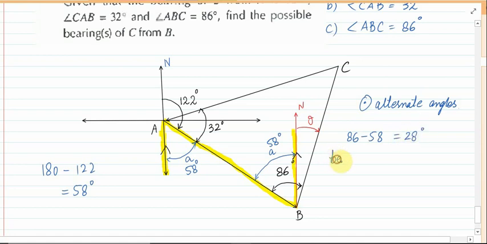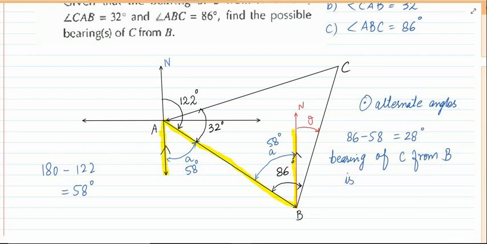So you can say that the bearing of C from B is 028 degrees. Keep in mind that the 0 is very important. If you forget to write the 0 at the beginning, it will deduct your 1 mark. So the 0 has an importance in this case, right?